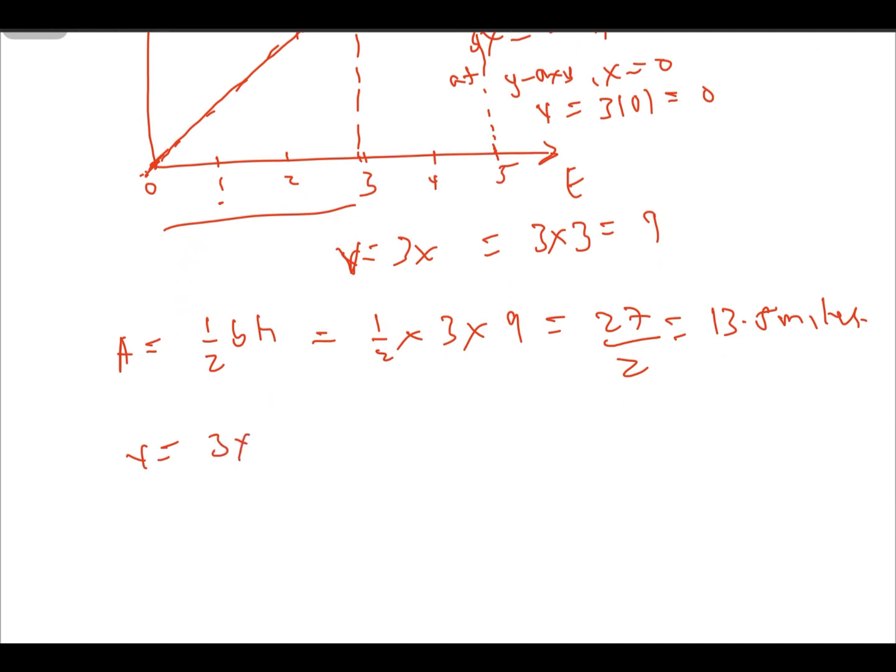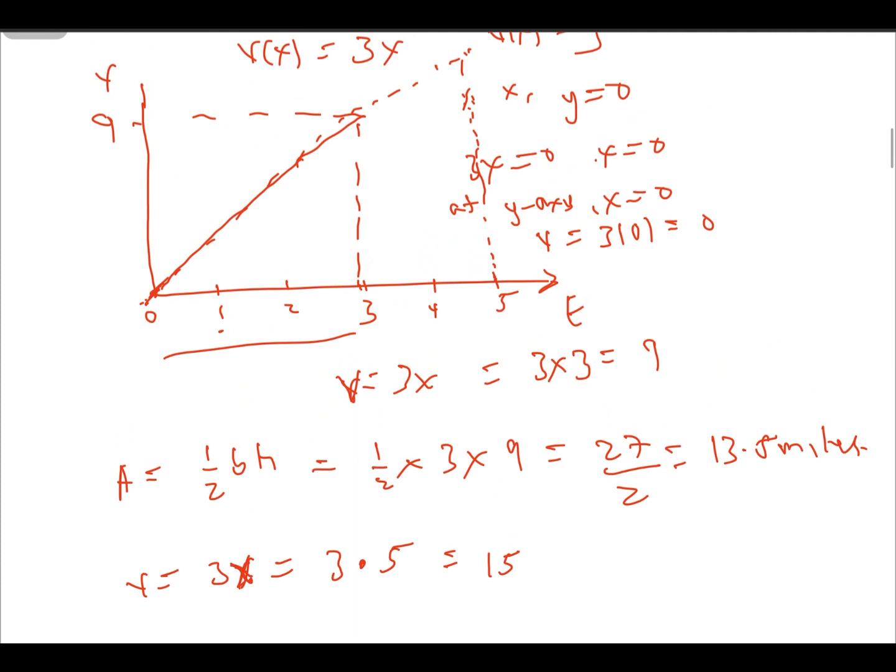So 3x is equal to 3 times 5, and let me use a dot so that I don't confuse it with the x. 3 times 5 is equal to 15. So that is our equivalent velocity for the second one.